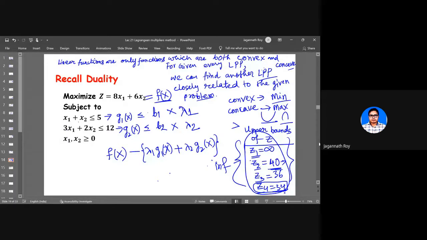Okay, and if we take the infimum of this, this problem will be a minimization problem.